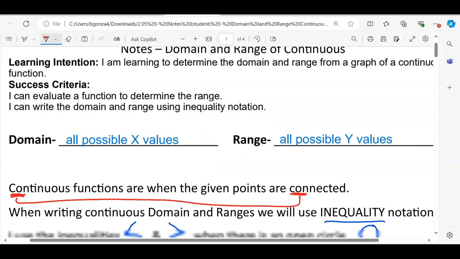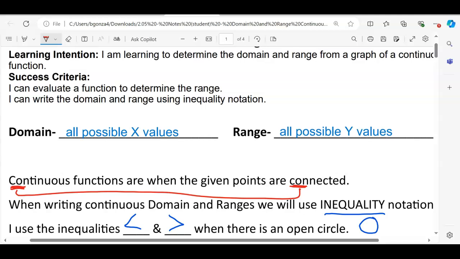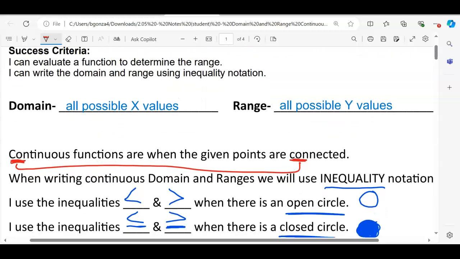Now, down here, I'm going to use the inequalities. Do you remember how to say those symbols? Less than and greater than, right? If I see what's called an open circle, does everyone see that this circle is not shaded in? It's open. Okay? However, if you underline those inequalities, if it's less than or equal to, greater than or equal to, that is going to give you an endpoint that is called a closed circle, not open, can't see through it.